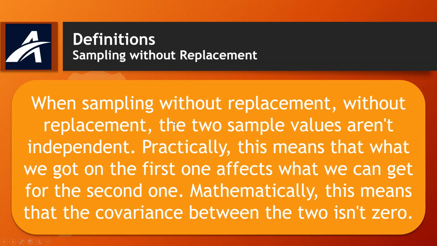Sampling without replacement, I've explained this. Without replacement is the possibility of picking the same random value in two different samples, and by so doing, it will definitely affect the outcome of the second random variable, which is the mean.